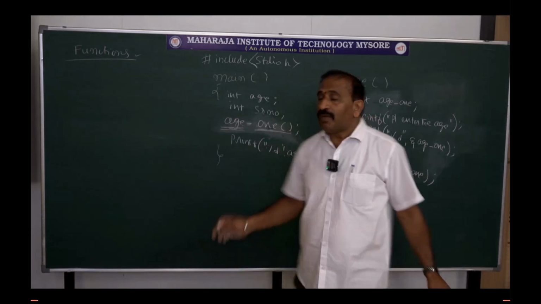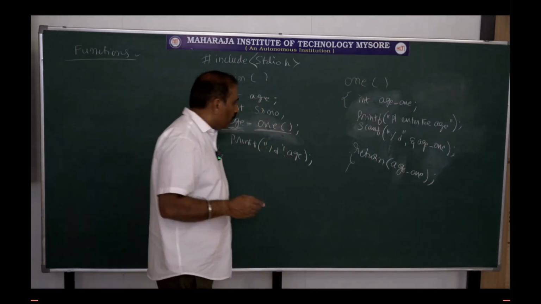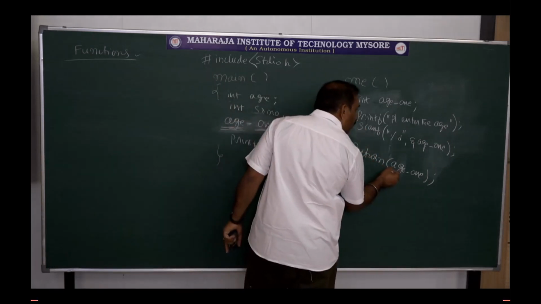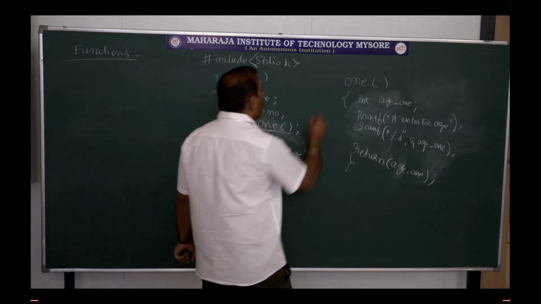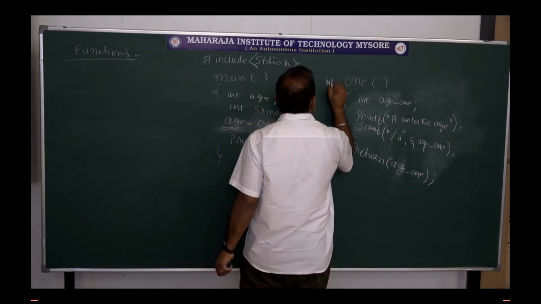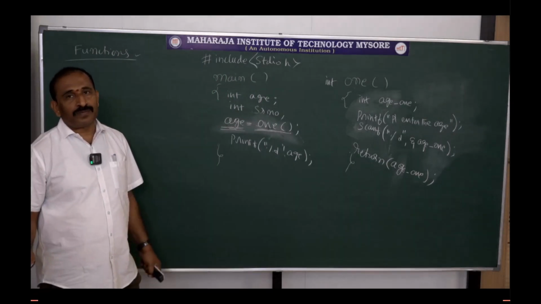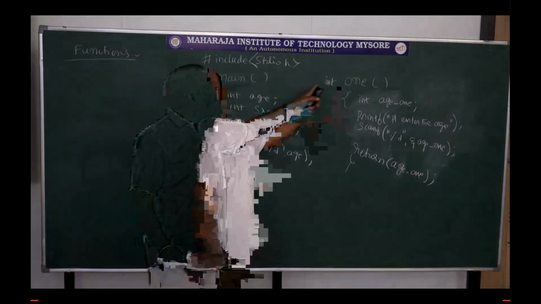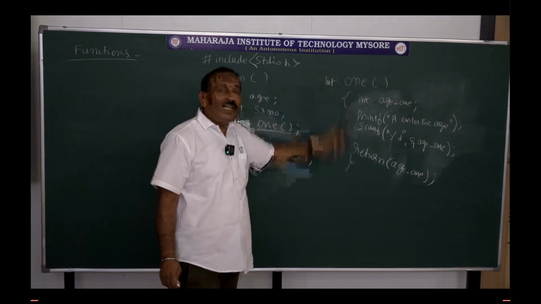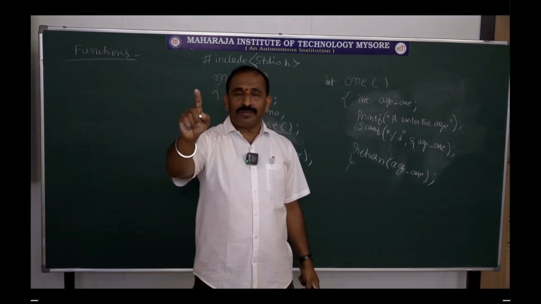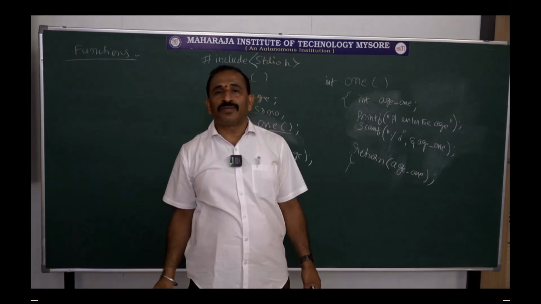Alright. Now there is a small change you have to understand. What type of value this function returns needs to be mentioned here. I am writing a function called 1, which is returning an integer.